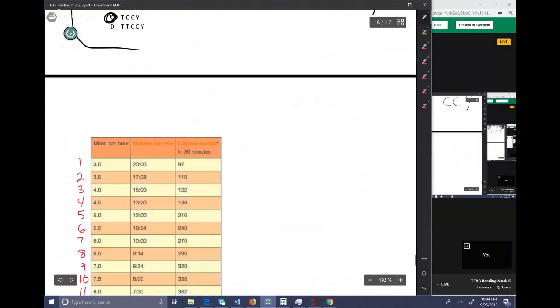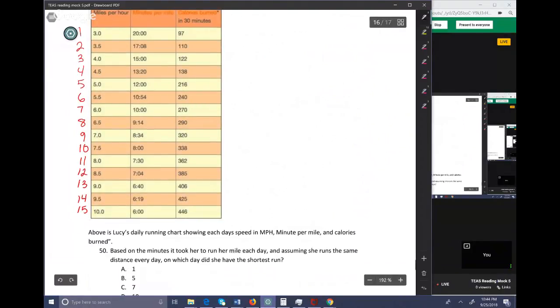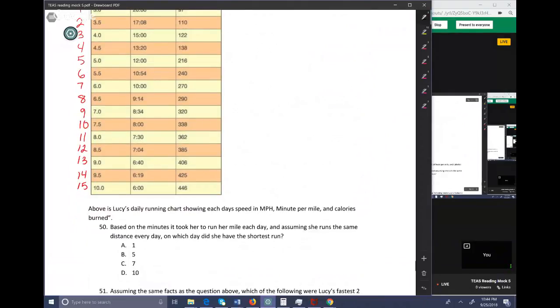And then you've got a chart. This is very similar to a chart that I just saw the other day where somebody had their running times. So it says this is her daily running chart. Each day is shown in miles per hour, minutes per mile, and calories burned.